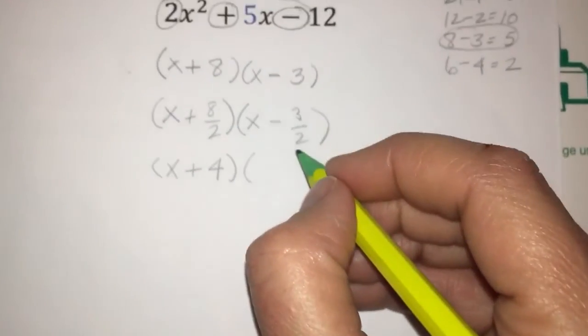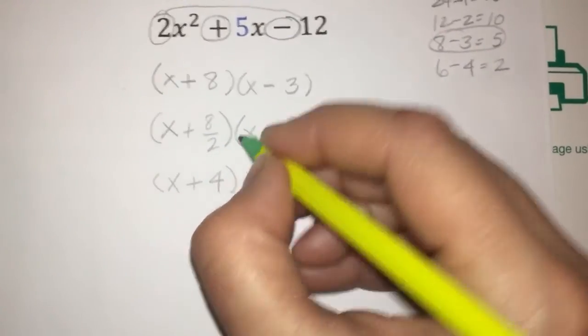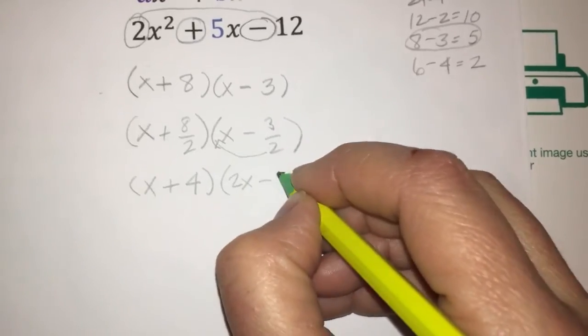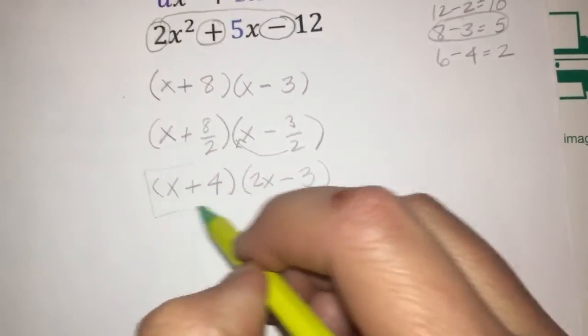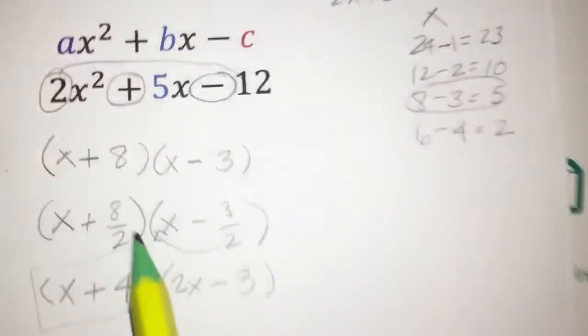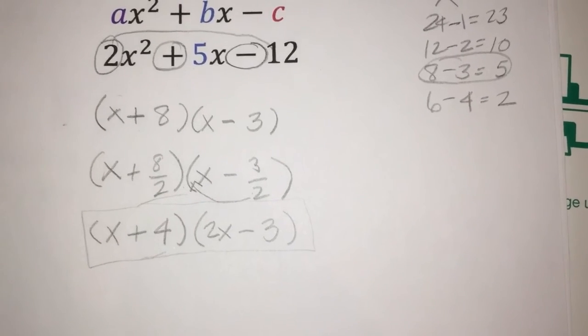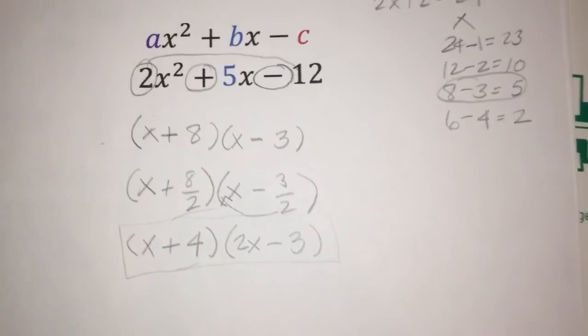And what I'm going to do is take the denominator and move it in front. So 2x minus 3. So these are your final factors right here. x minus 4 times 2x minus 3. And that again is using MFDARM.